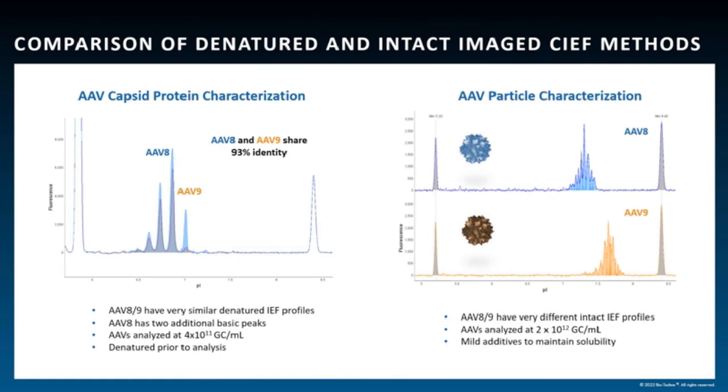In this case, the overall pI of each AAV has shifted to the right by about 1 pH unit, and AAV8 and AAV9 no longer align, but have different overall isoelectric points. So the intact particle method is also an identity assay, but the intact assay also has a unique feature to it.